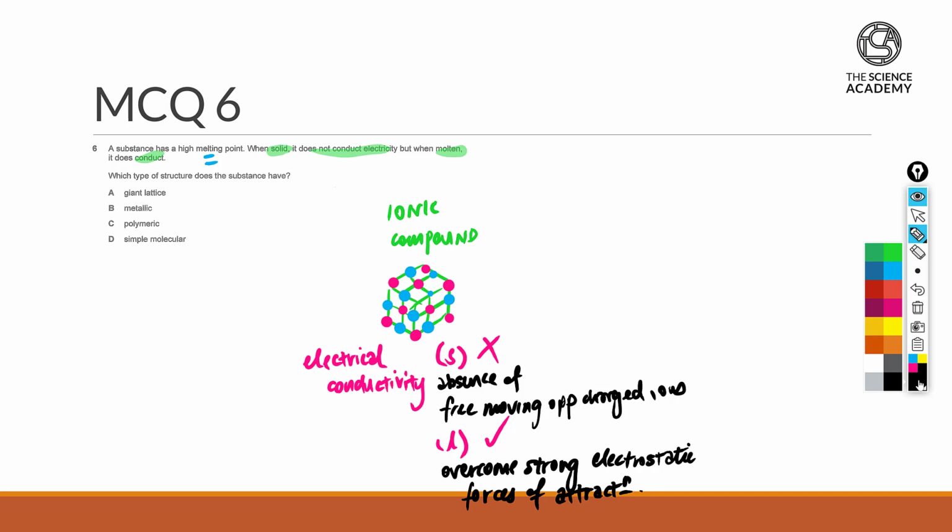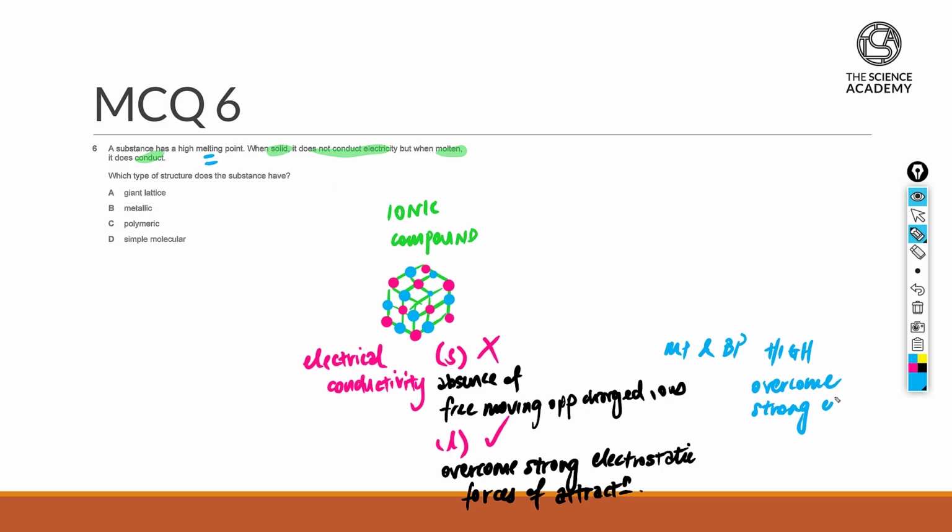And speaking of its melting point and boiling point, it remains to be extremely high because heat has to be used to overcome, once again, the strong electrostatic forces of attraction that is found between the oppositely charged ions in the structure itself.